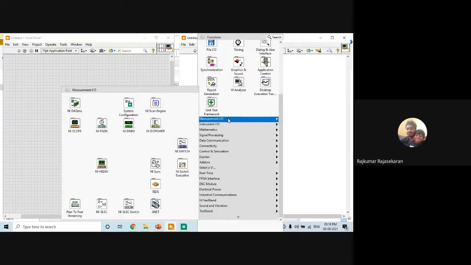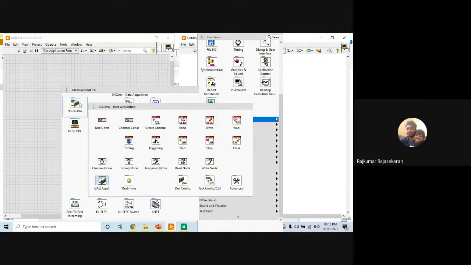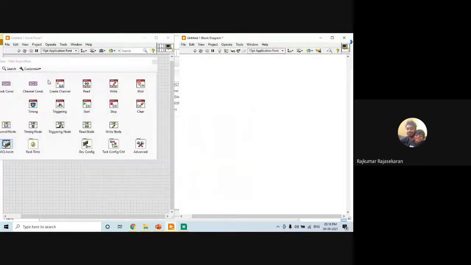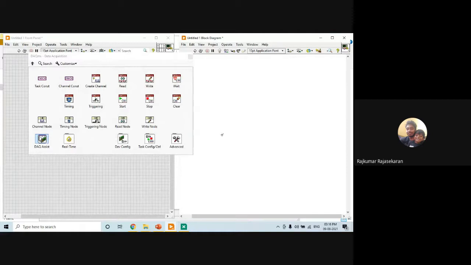LabVIEW has drivers which integrate with hardware with ease. I'm using some hardware called DAQ hardware, and in order to interact with the LabVIEW software, we have something called NI-DAQmx, which is nothing but the driver. Using this driver, the computer communicates with the hardware. Whatever block we place will be sent as a command to your hardware.